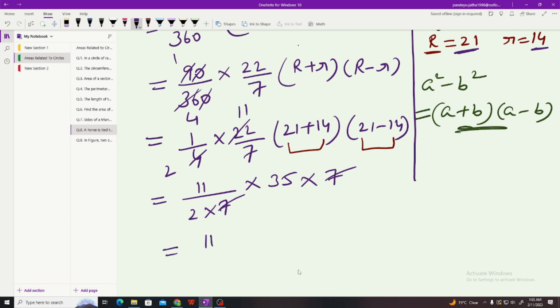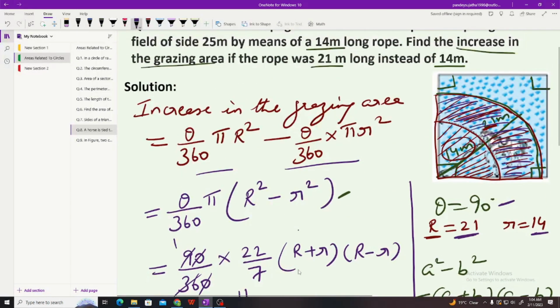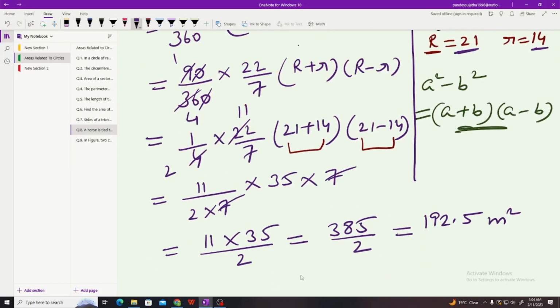So 11 into 35 upon 2, which we get 385 upon 2, which is equal to 192.5 meter square. So the increase in the grazing area will be equal to 192.5 meter square. Hope this question is clear to all of you. Let's move to the next question.